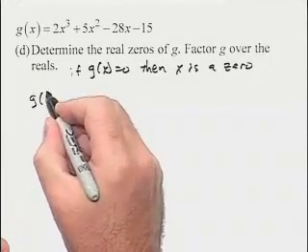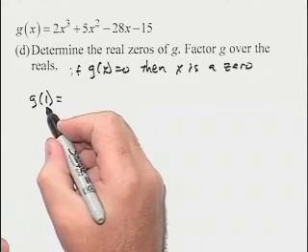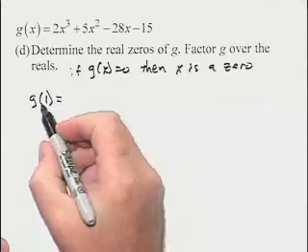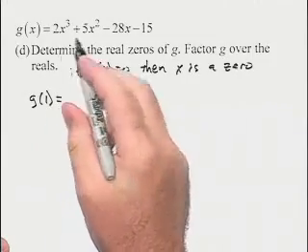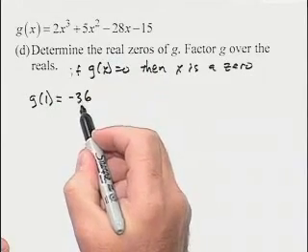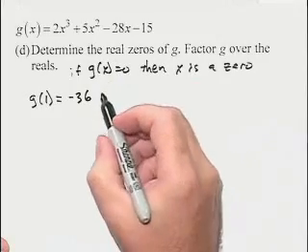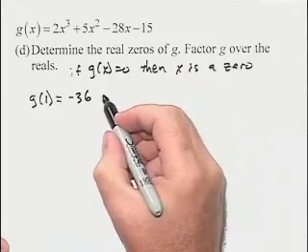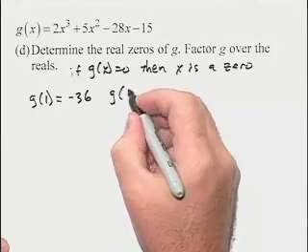We'll actually start with the positive integers. So we'll do g of 1. 1 is our first positive potential rational zero. That's an integer. We evaluate the function and get negative 36. Since this is not equal to 0, we know that 1 is not a zero of g. The next positive integer potential zero is 3.